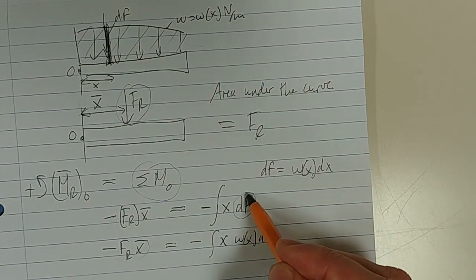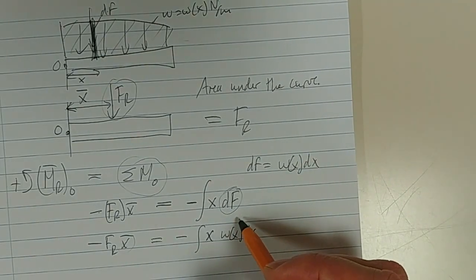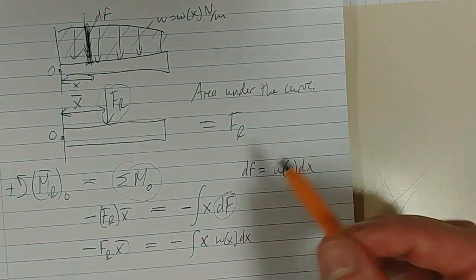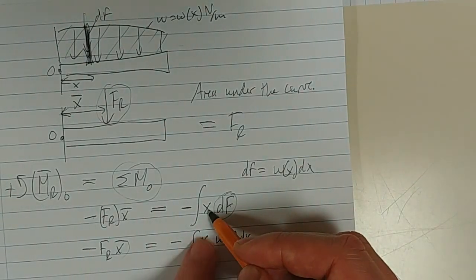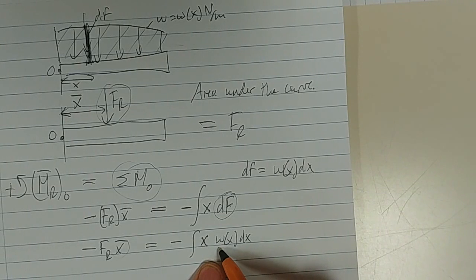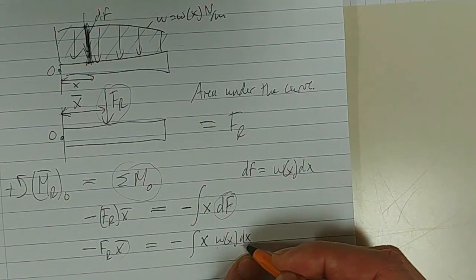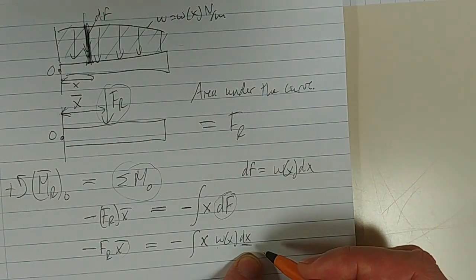But all the forces are represented by differential forces because we have a continuous loading. Each force is multiplied by its moment arm to give us a moment. This dF is actually the loading distribution multiplied by the differential width dx, okay?